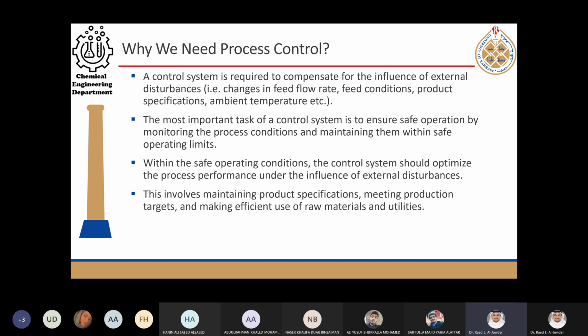Number two, the most important task and the very, very, very emphasized task is process safety. You don't want to expose your personnel, your people who are working in that plant and your equipment to hazardous situation, explosions, for example, because you are operating at a very hazardous level.